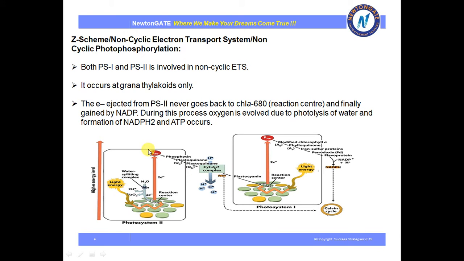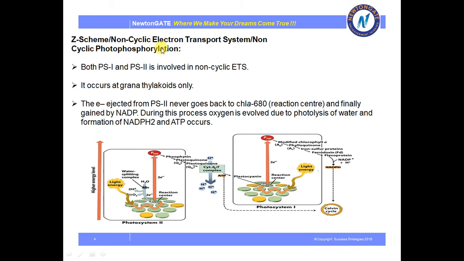To compensate for the loss of these electrons from photosystem 1, electrons from photosystem 2 move to photosystem 1 with the help of electron carriers like pheophytin, plastoquinone, cytochrome B6F, plastocyanin, etc. Since this process occurs in a Z manner, as you can see here, forming a pattern of Z, it is called Z scheme.